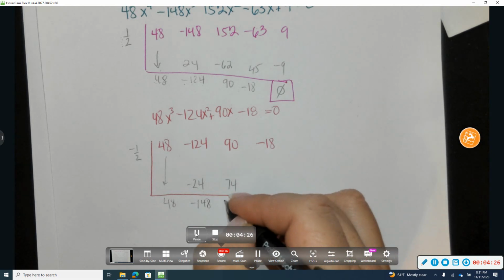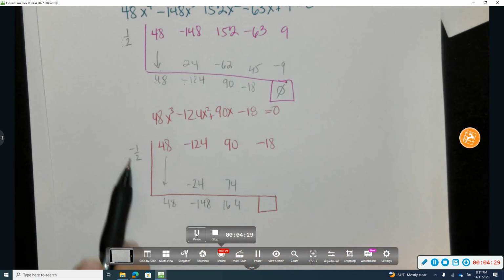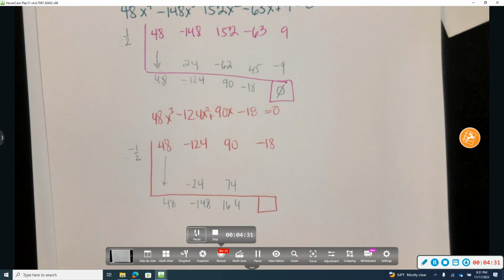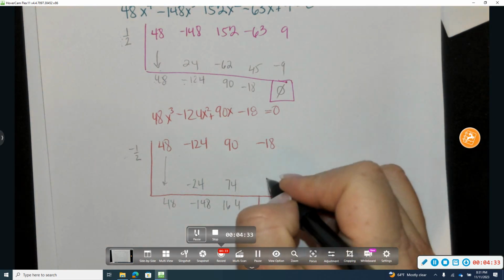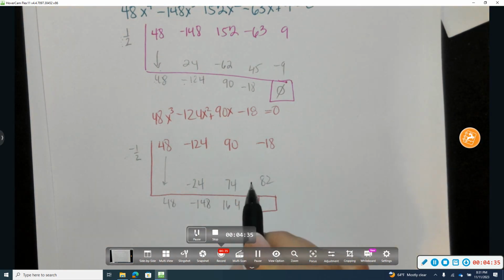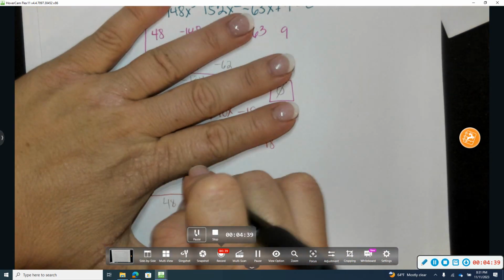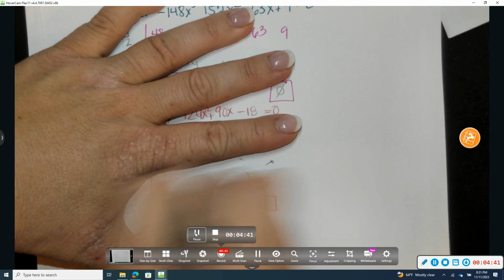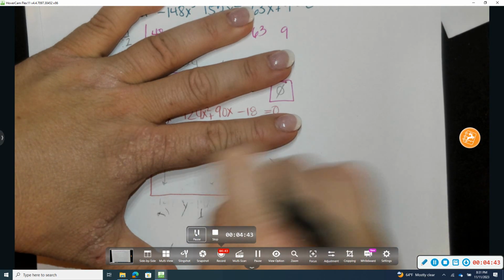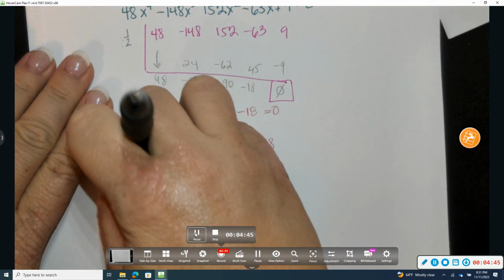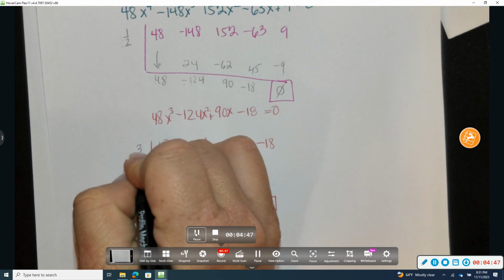This combines to equal 164. Half of 164 is going to be 82, but remember it's going to be a -82, and these do not combine to give you 0. So I'm going to erase. Should have written even lighter, and I'm now going to try a positive 3 halves.